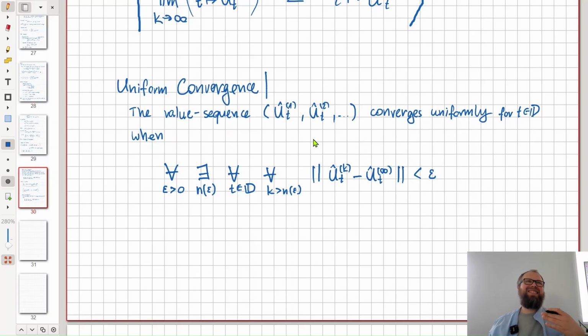So why can't we just say that we pick the maximum of all the possible n of epsilon? Now you are thinking about what comes next. That should solve this problem, right? Spoilers. You're thinking right. Wait for it.